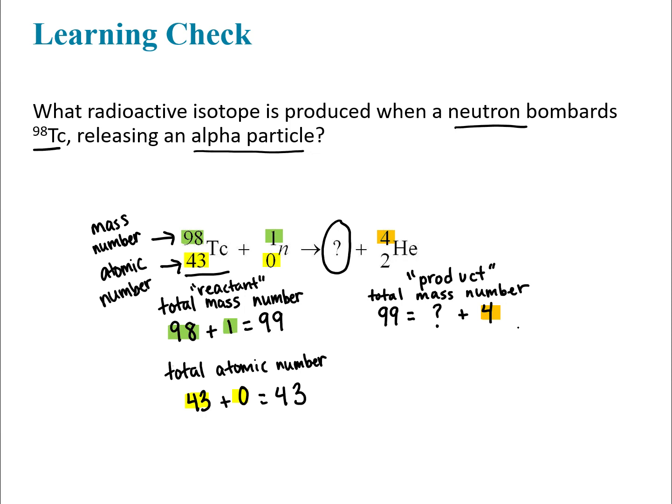If we know the total mass number for that side is 99, and the mass number of helium is 4, what is the mass number of our new element? So that's the new mass number.